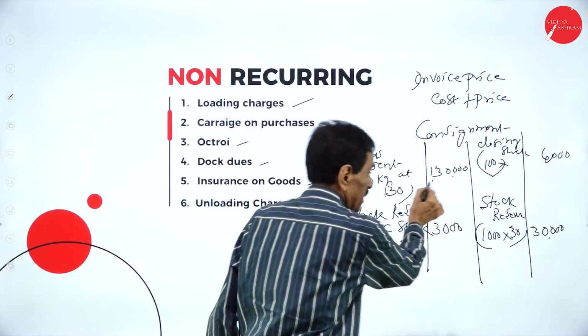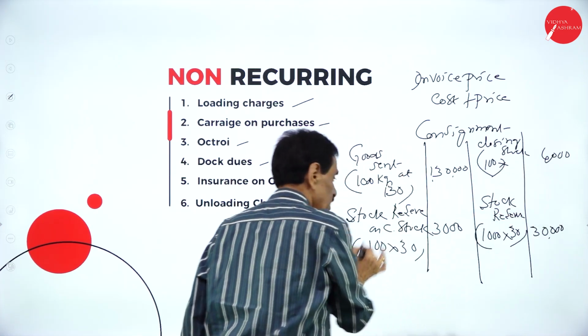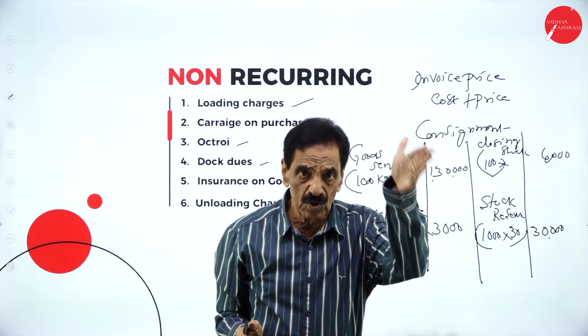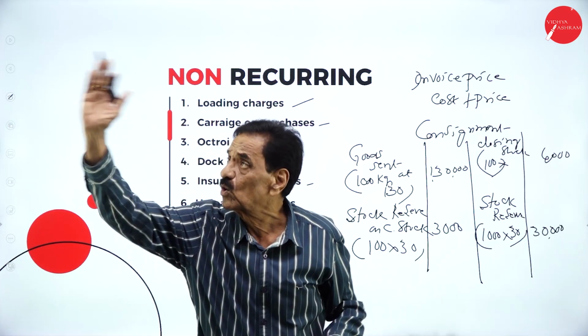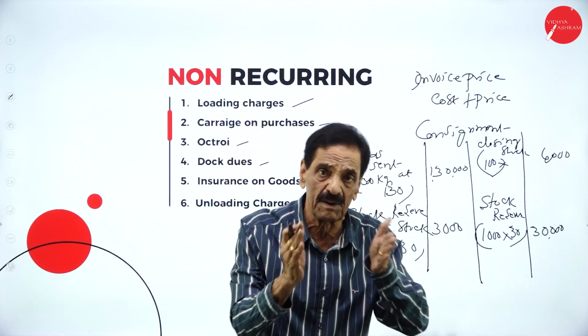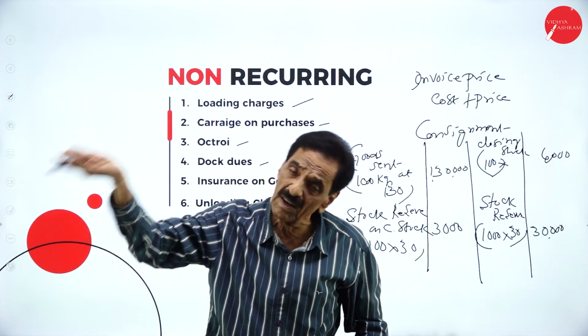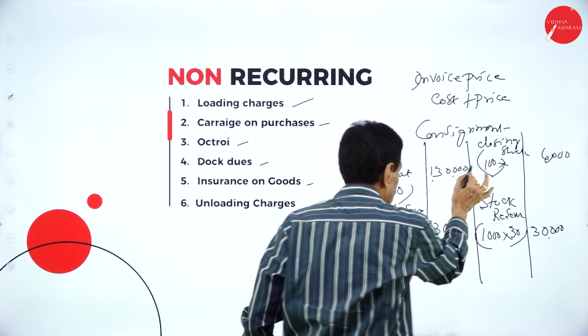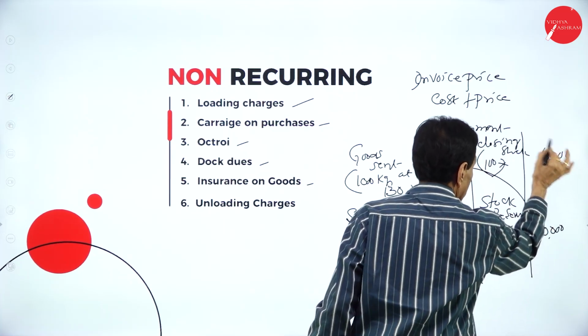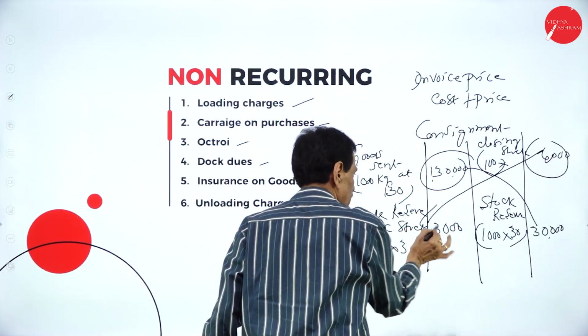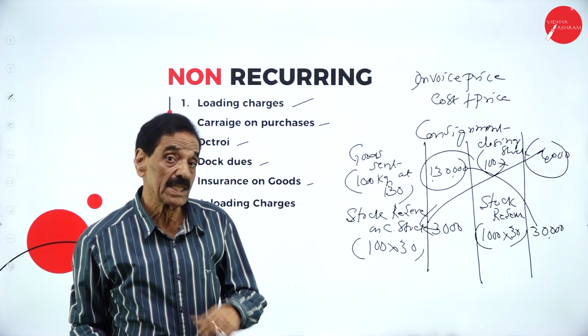Goods sent, stock reserve. Closing stock, stock reserve. How do you write? I will repeat: goods sent, stock reserve; closing stock, stock reserve. You have to do this when the invoice price is given.